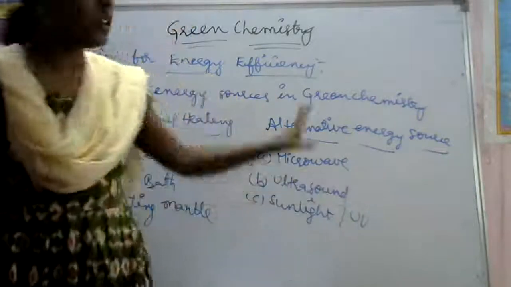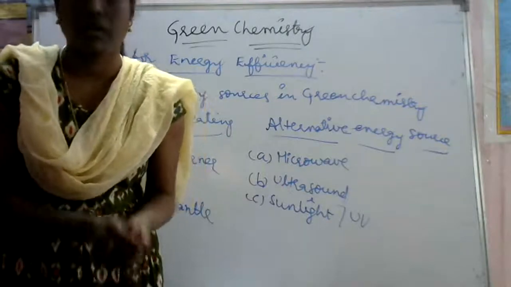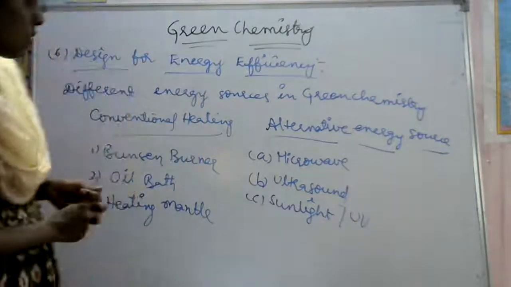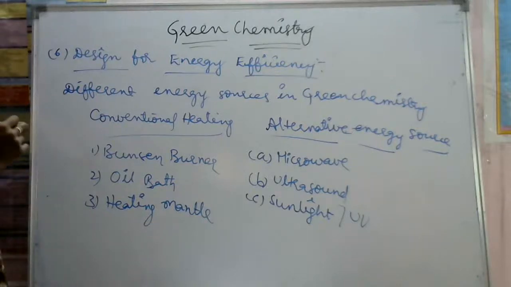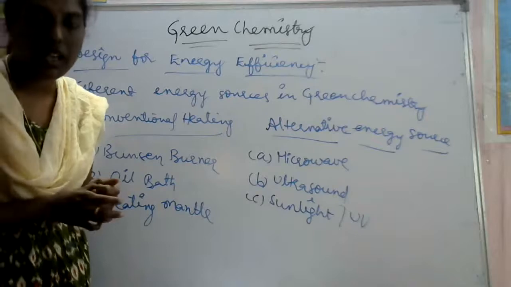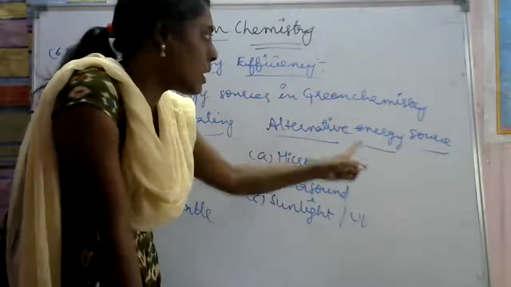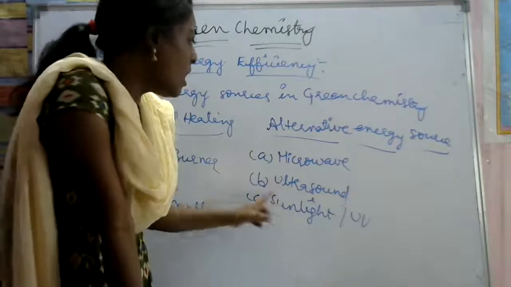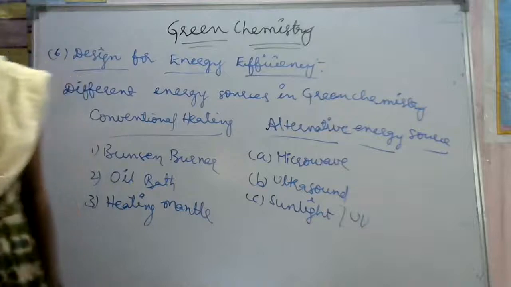In this process we are using very small energies, while conventional heating requires more energy. In conventional heating, heat is the energy source, but here we are using alternative energy sources: microwave, ultrasound, and sunlight or UV.